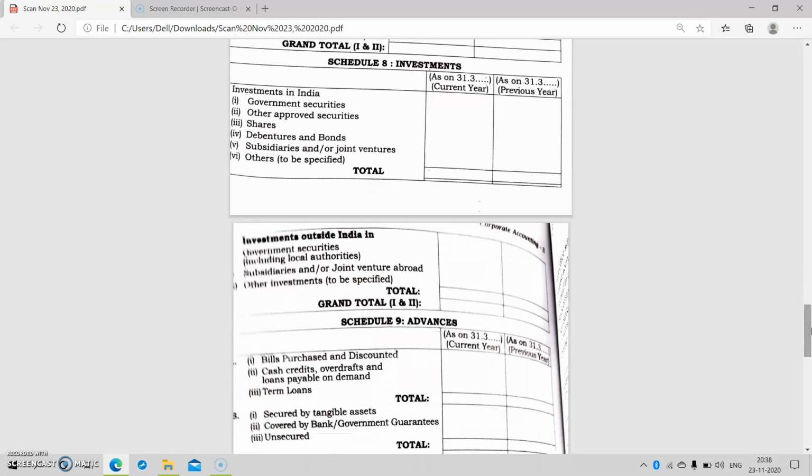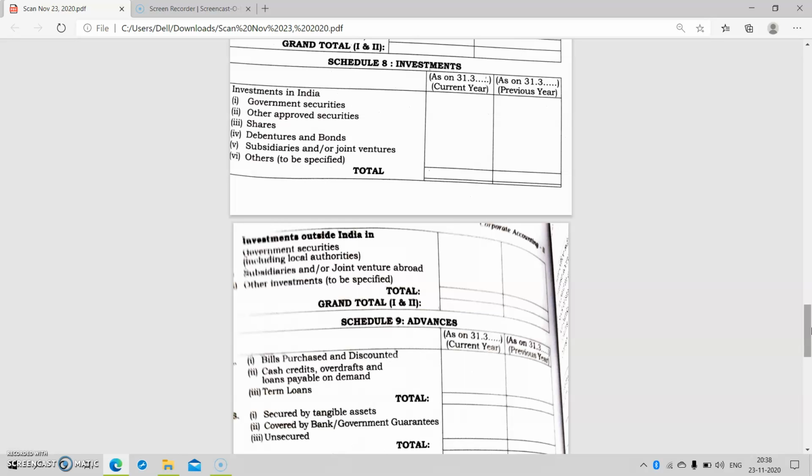Next is the investments. As every banking company mobilizes deposits from the public, that will be given as loans to the customers. But a big chunk of that will be invested in the infrastructural facilities and all with governments. So all such investments can be shown under investments, like government securities, other approved securities, shares, debentures and bonds, subsidiaries or joint ventures, others.